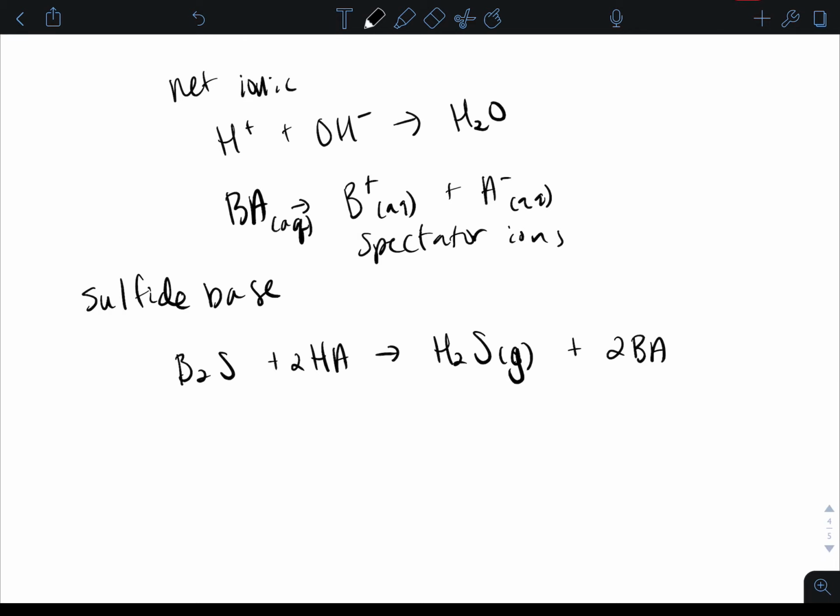So there is no water evolution in this particular reaction.